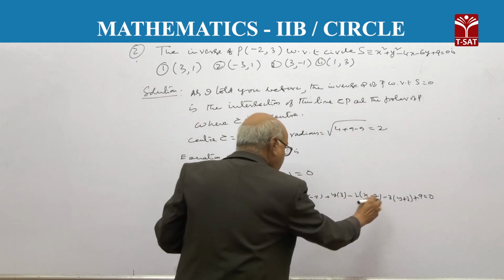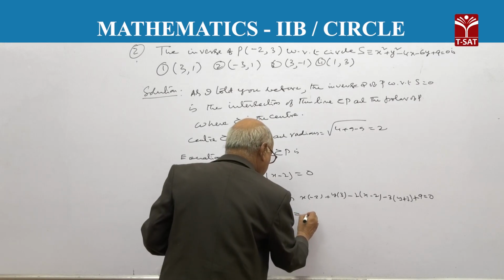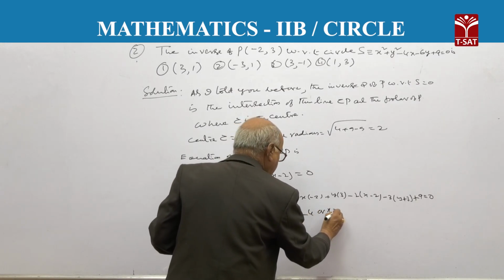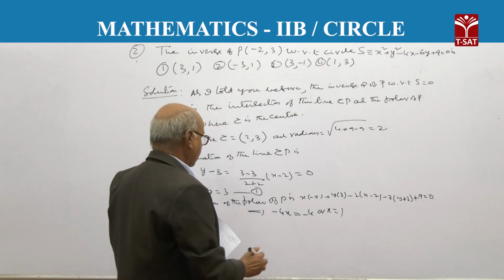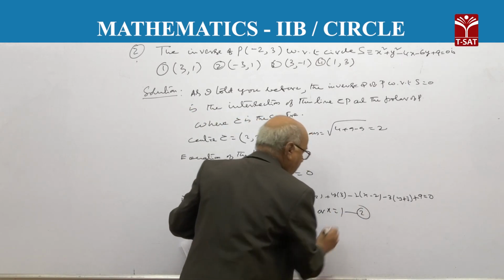So what you get is −4x = −4, or x = 1. x = 1.